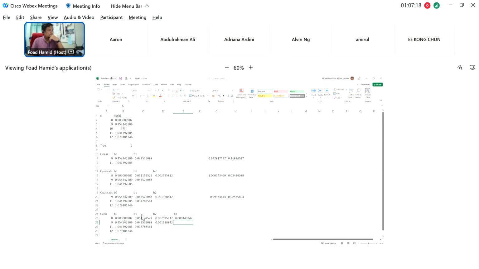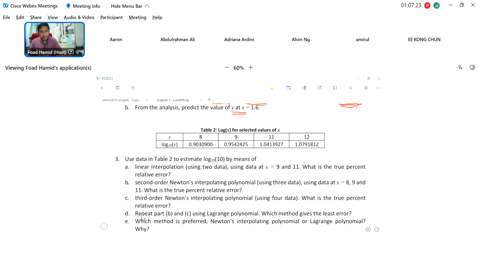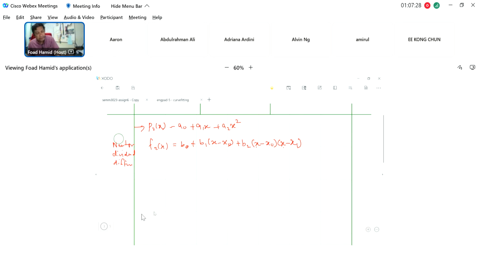Okay, so again, the equation for F3, cubic, is B naught, still the same one, B1 times (x minus x naught), plus B2 times (x minus x naught)(x minus x1), plus B3 times (x minus x naught)(x minus x1)(x minus x2).